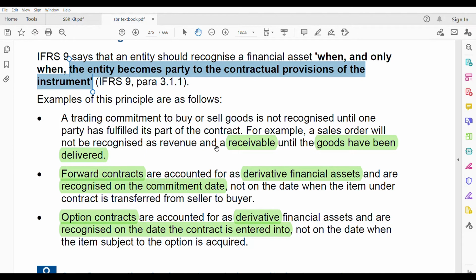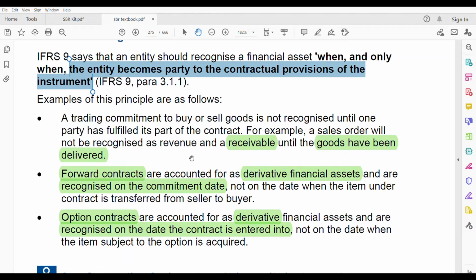For example, the first one, receivable. When you have delivered the goods to your customer, aren't you contractually now obliged to receive cash from your customer? You are, right? Under the contract, now you have the right to receive the cash from your customer once you have delivered the goods. So that's why the first one satisfies the definition that you become a party to the contractual provisions.